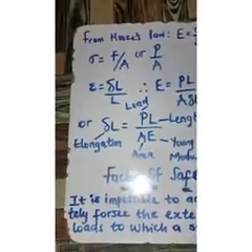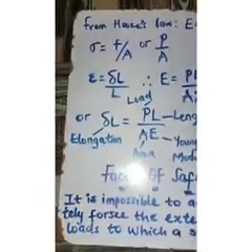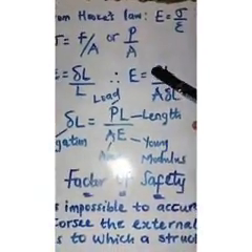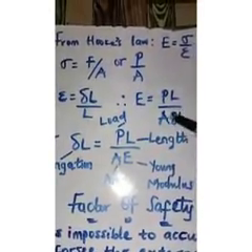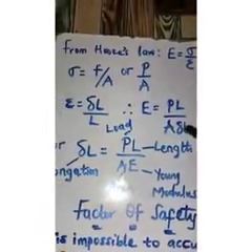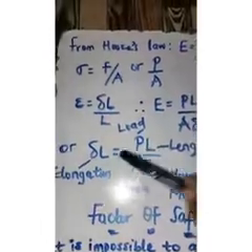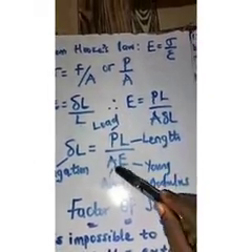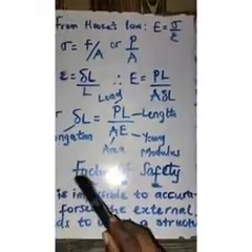Also, our strain is equal to change in length over the original length, so the Young modulus is equal to PL over A times the change in length. So the change in length is equal to PL over AE. Your change in length is the elongation, L is length, P is load, A is area, and E is Young modulus.